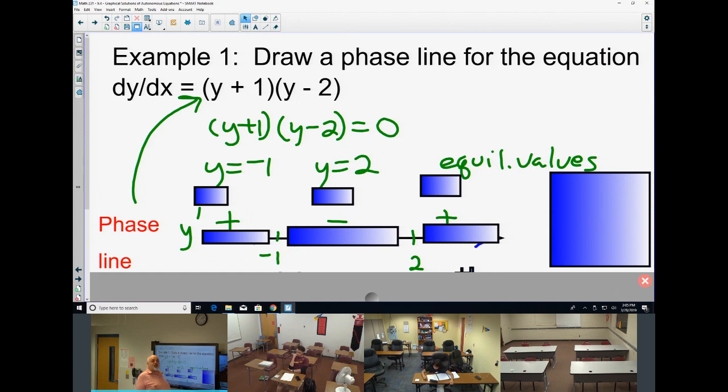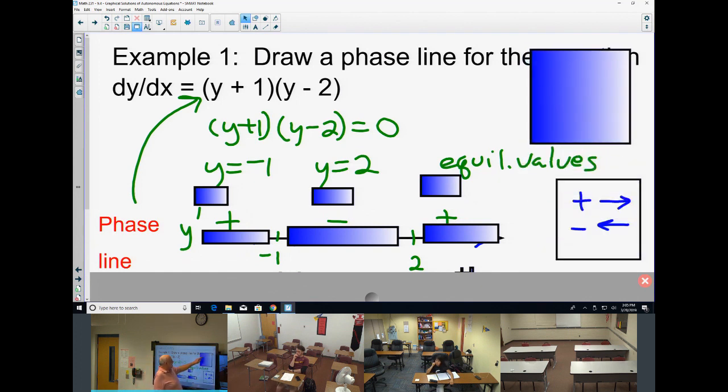All right, now there's a new chart that I want you to draw on your paper, like somewhere near practice 1, okay? And this, it seems like a little simple chart, but it's going to be important. So put in the little box, put plus. Next to a plus, put an arrow to the right. And next to a minus, an arrow going to the left.